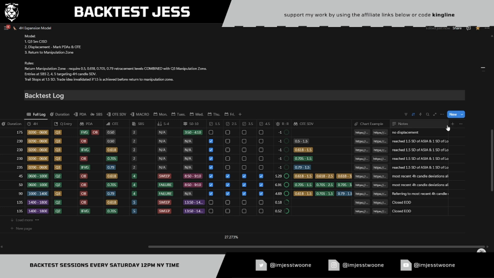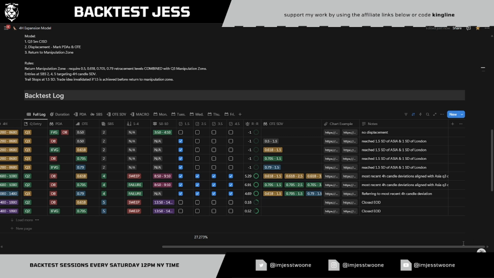Alright, so we haven't gotten to the point in the model where we need to make any adjustments yet, just because we're not in our first even 20 reps of it. It is taking a bit longer than I thought it would to get through all the reps. So with that being said, all the reps seem to be valid so far. Most recent 4-hour candle deviations aligned with Q3. These are Q3 deviations.